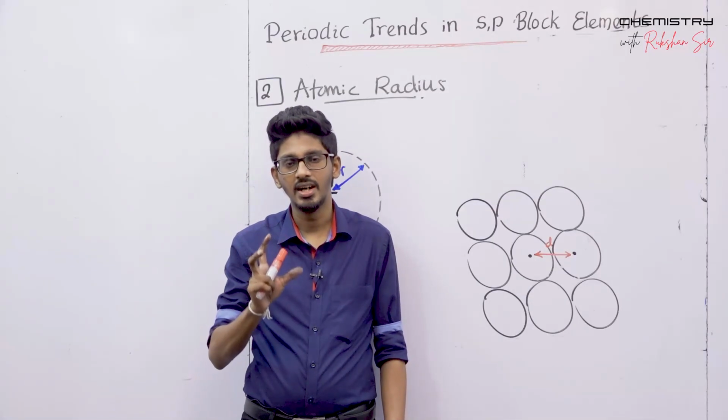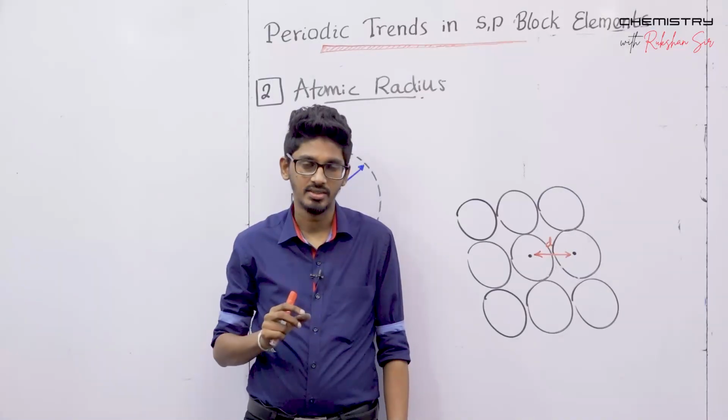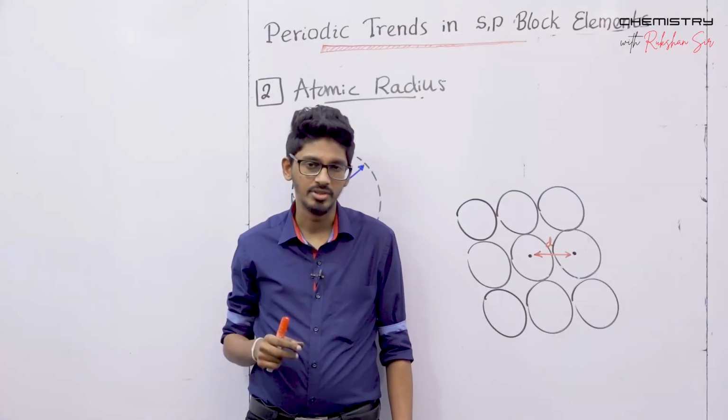Basically, here we come up with three different methods of defining the atomic radius.